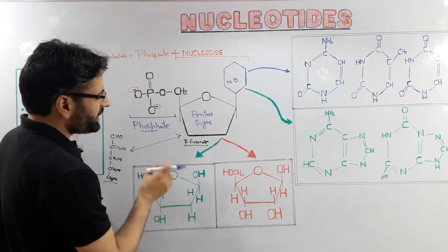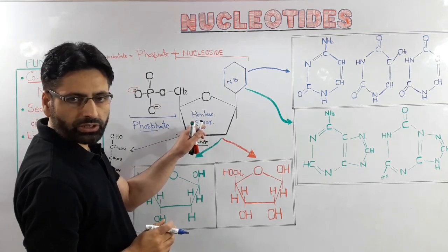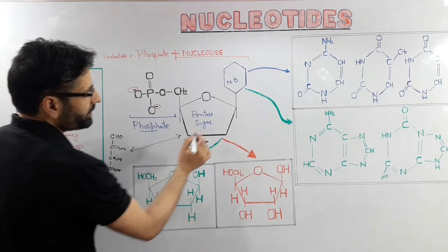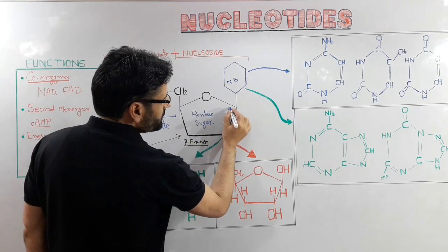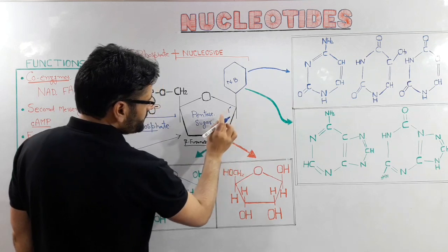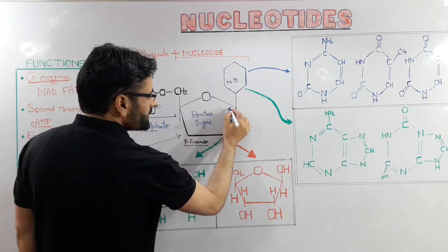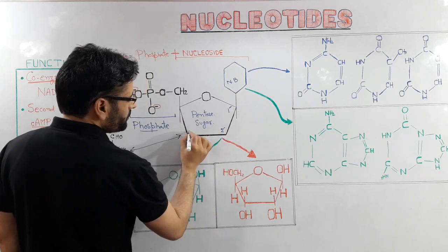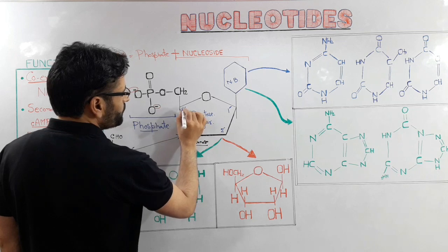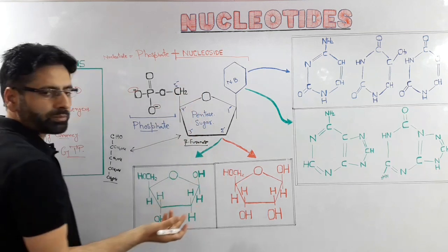Another important point is the numbering of the carbon atoms present in this pentose sugar. While numbering, we add a prime to the number of the carbon atoms. That is, the first carbon present in this beta furanose or pentose sugar is denoted as 1 prime, and this is the 2 prime, 3 prime, 4 prime and 5 prime. This is the numbering of the carbon atoms.